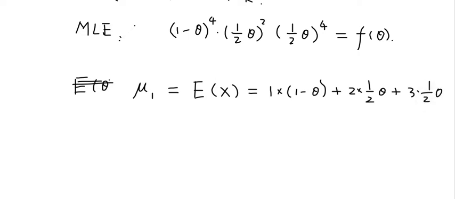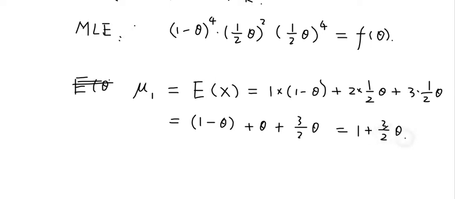So mu1 equals 1 minus theta plus theta plus 3 over 2 theta, which equals 1 plus 3 over 2 theta. This is the population's first moment.